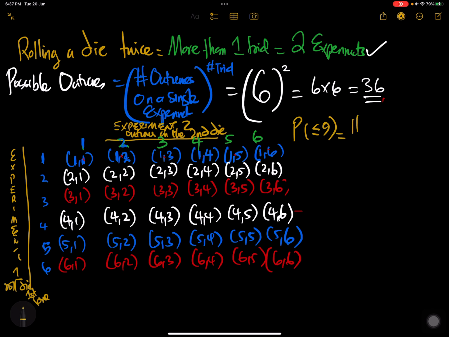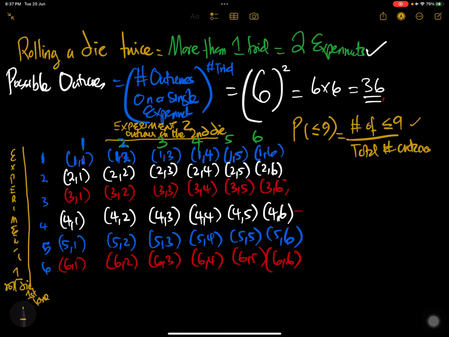So it's going to be the number of outcomes, or the dice, that add up to less than or equal to 9, and we divide by the total number of outcomes.